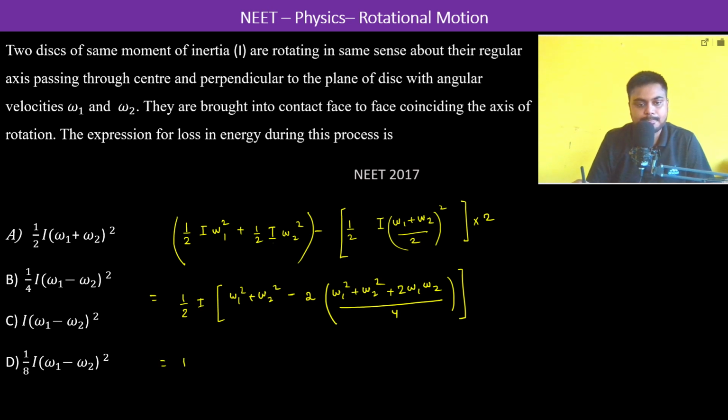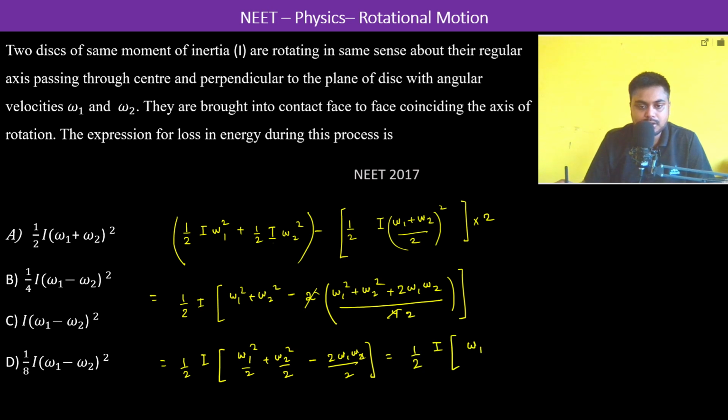So this is omega 1 square by 2 plus omega 2 square by 2 minus 2 omega 1 omega 2 by 2, which is equal to half I omega 1 minus omega 2 whole square divided by 2.